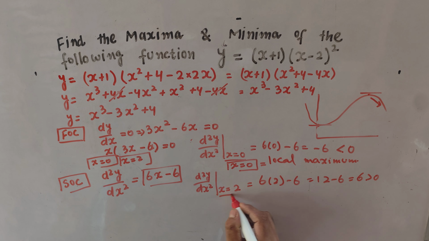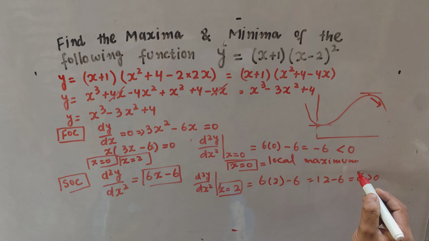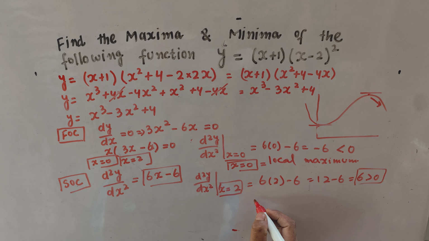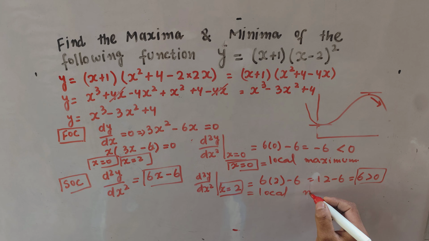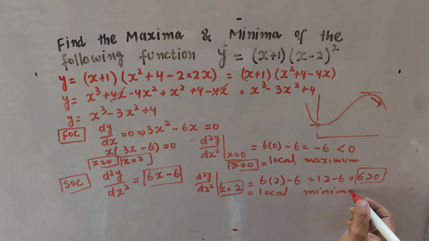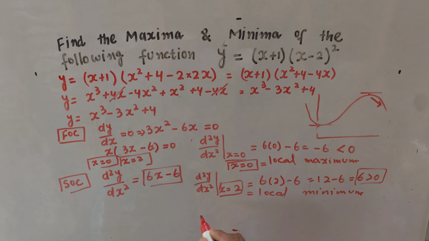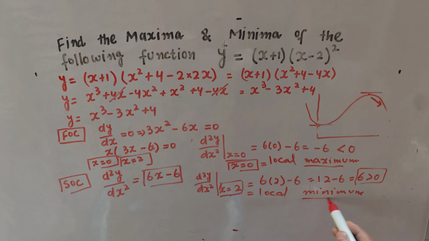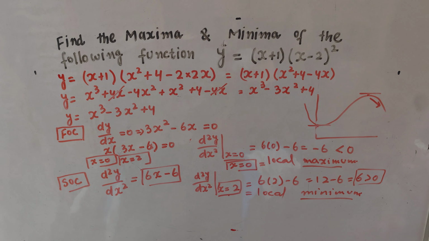Since when x is equal to 2 the second derivative is positive, and a positive second derivative is a sufficient condition for a minimum, when x is equal to 2 the function has a local minimum. So when x is equal to 0, we get the maximum, and when x is equal to 2, we get the minimum. I hope I make myself clear. Thank you.